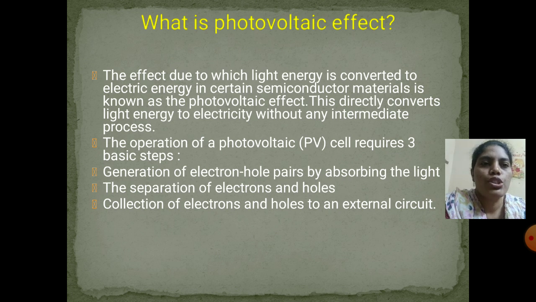For this conversion we are using a photovoltaic cell in which we are going to see three basic steps. The first step is generation of electron hole pairs by absorbing the light, and then the separation of electrons and holes, and then collection of electrons and holes to an external circuit.